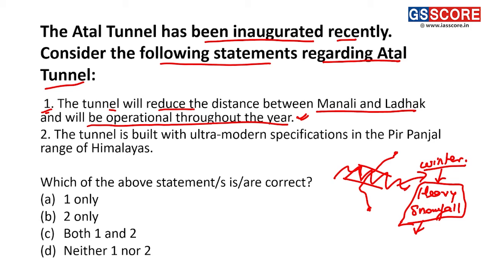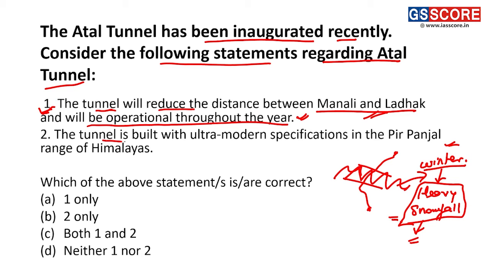So one thing we can notice is that the Ladakh region and the mainland part of India below Manali get completely cut off because of the heavy snowfall. Thus, the Atal Tunnel becomes a very strategically important infrastructure which provides an all-year road connecting Manali and Ladakh. Thus, this statement is correct.